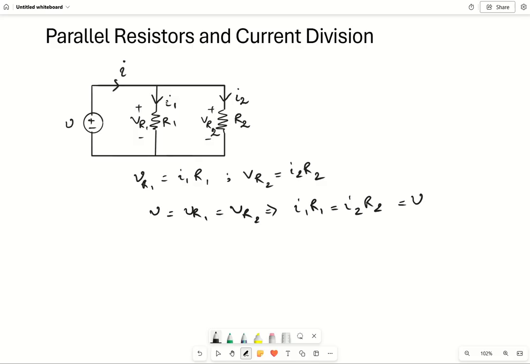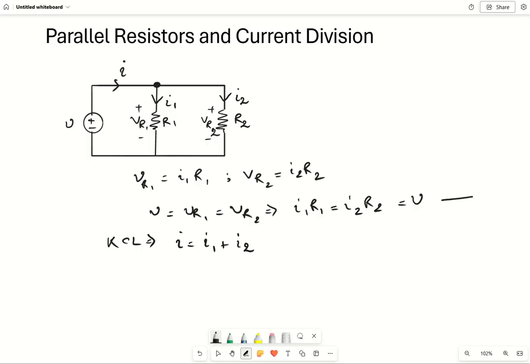So now if we apply KCL across this node, the incoming current is I and the outgoing currents are I1 and I2. So we can write down the KCL as I equals I1 plus I2, right?